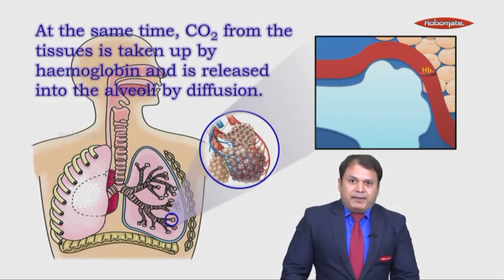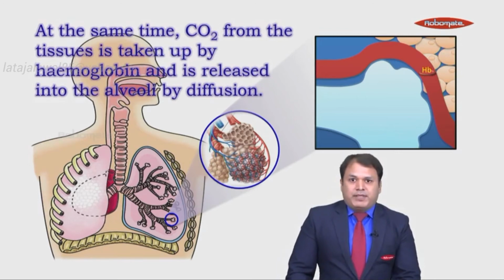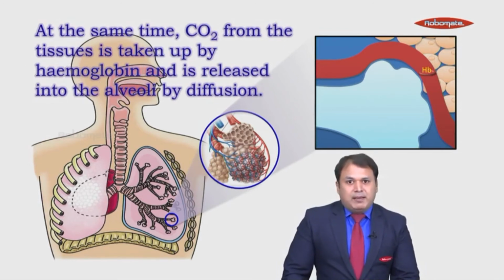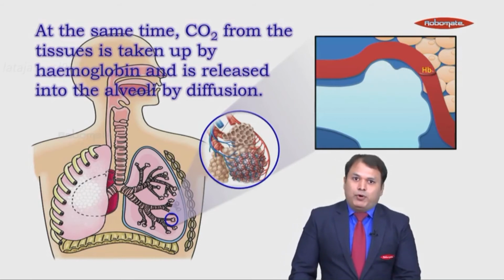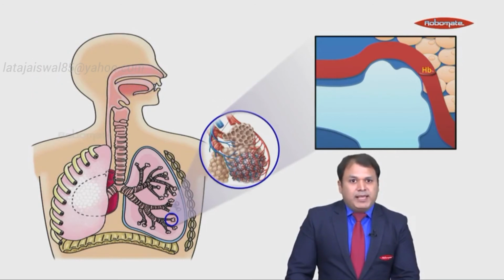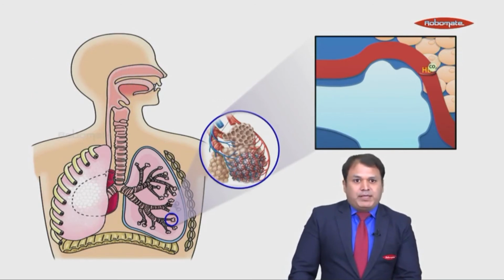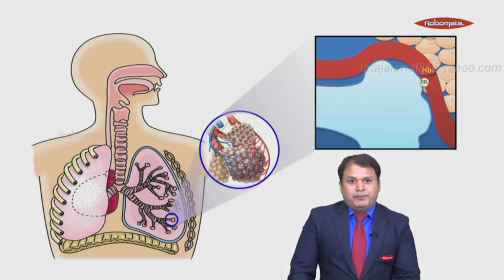Now at the same time, carbon dioxide from the tissues is taken up by the hemoglobin and is released into the alveoli by diffusion, that is from higher concentration to lower concentration. So you can see carbon dioxide from the tissues is taken up by hemoglobin and it is given into the alveoli.